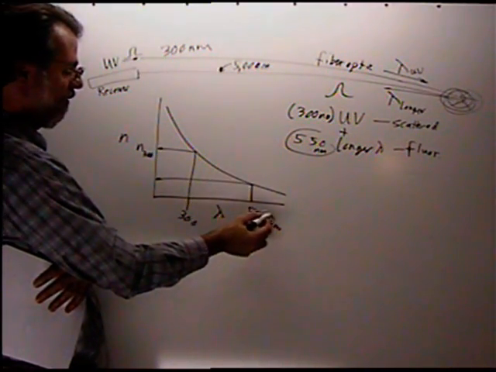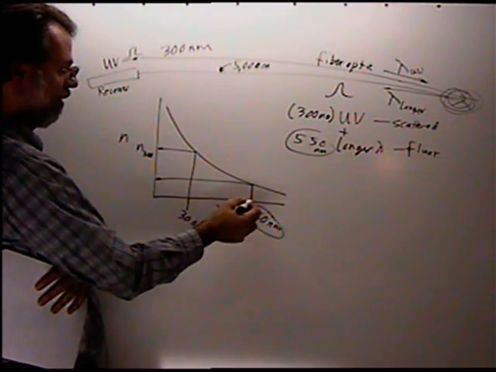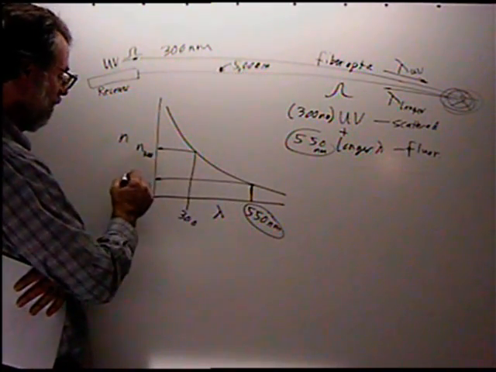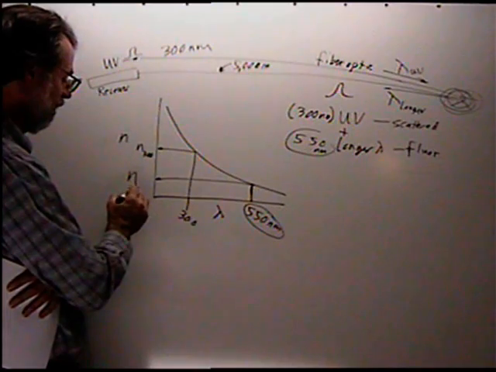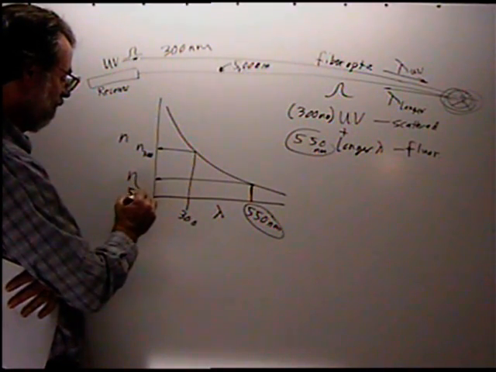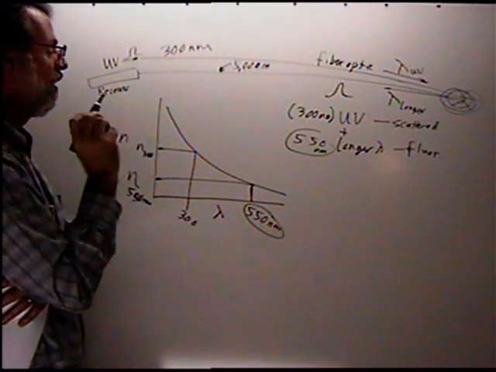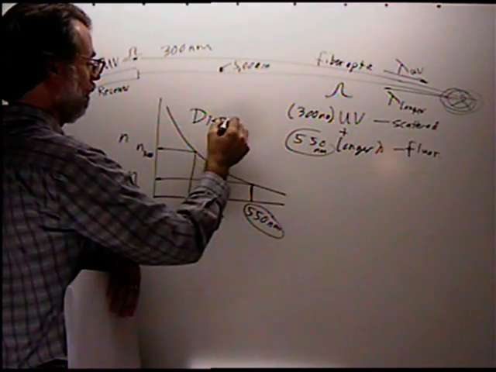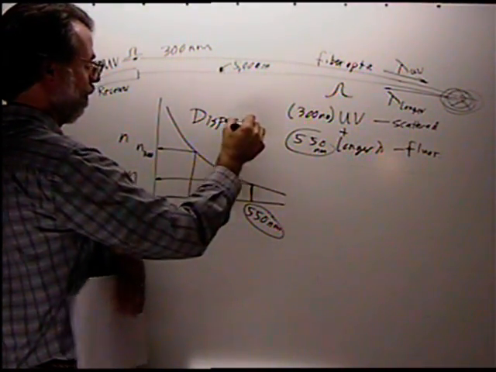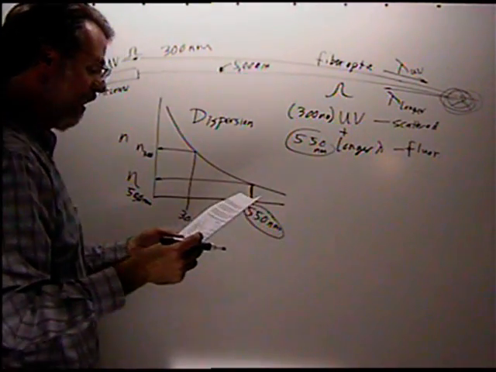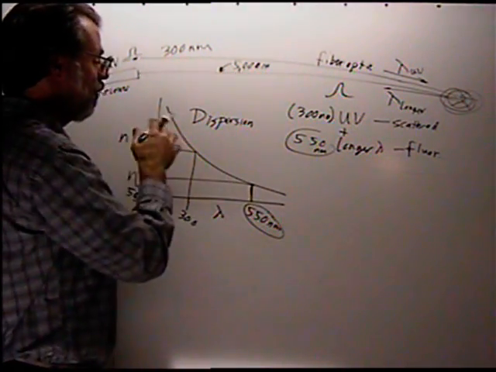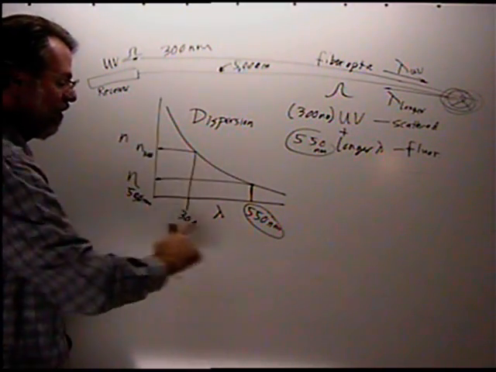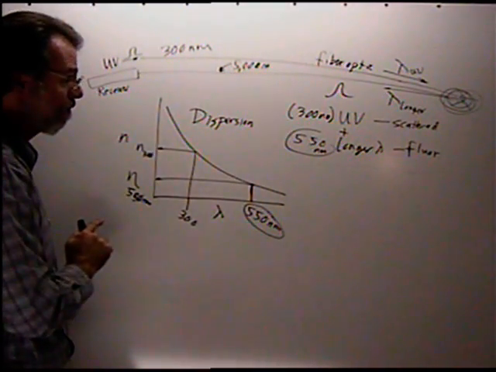You start at 550 nanometers, go up to where it meets the curve, and then come across, and this gives you another index of refraction, but at 550 nanometers. So this is called dispersion. Dispersion basically means that the index of refraction changes with the color of the light.